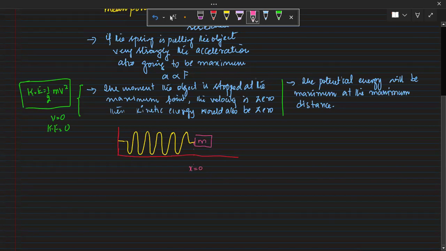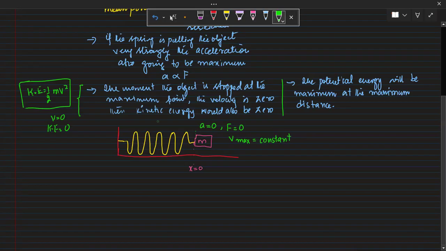That means the distance is going to be 0, right? If it continues with the same speed, if it is not changing its speed, that means it is moving with a constant speed, so the acceleration is going to be 0 and the force is also going to be 0. But the v is going to be v maximum, equal to constant.